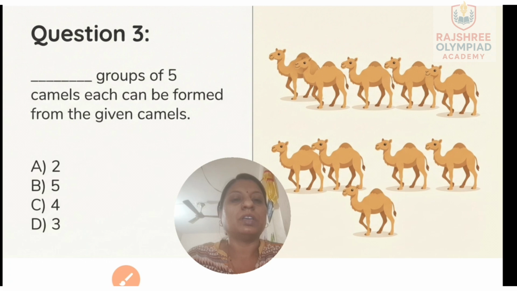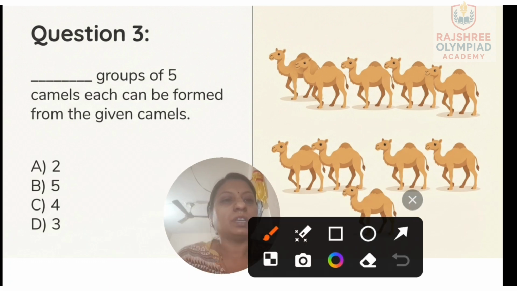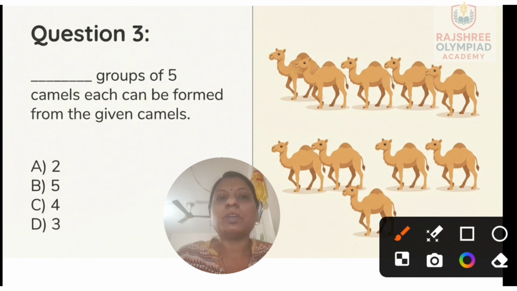Question number 3: each group of 5 camels can be formed from the given camels. The keyword here is group of 5.